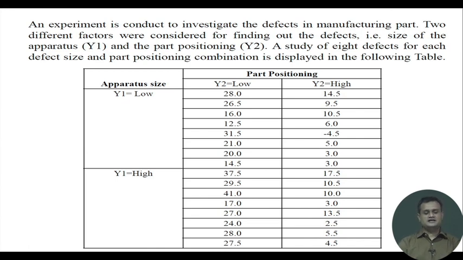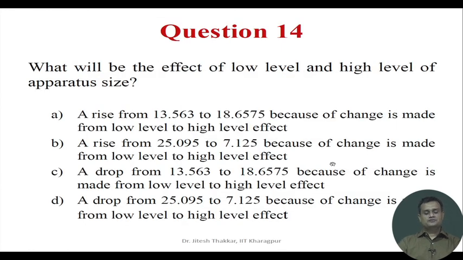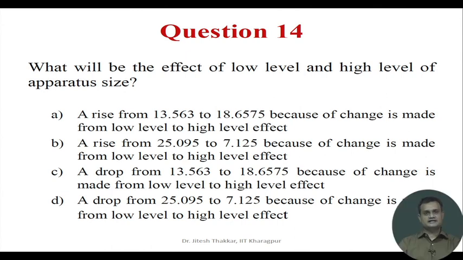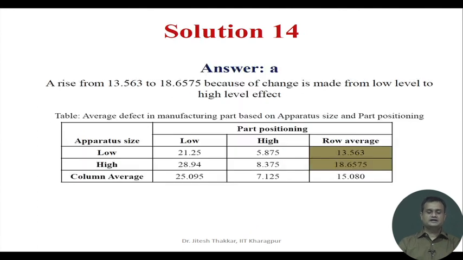So, you can see that there is an apparatus size, there is part positioning, Y1 is low and high and Y2 is low and high, and the question is, what will be the effect of low level and high level of apparatus size? You can see the various options on the screen, and the computation can follow like this: there is an apparatus size low to high, part positioning low to high.